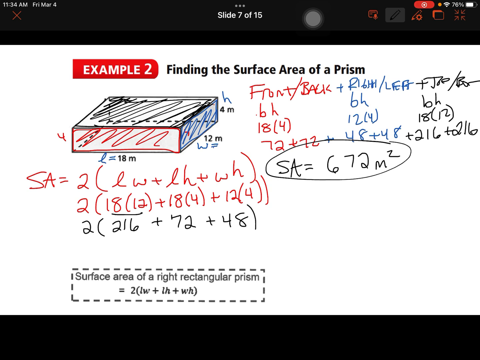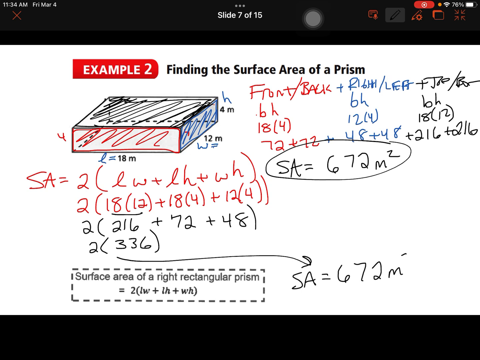And now we add those all together: 216 plus 72 plus 48 gives you 336. Then you multiply it to figure out that your surface area, once again, is 672 meters squared.